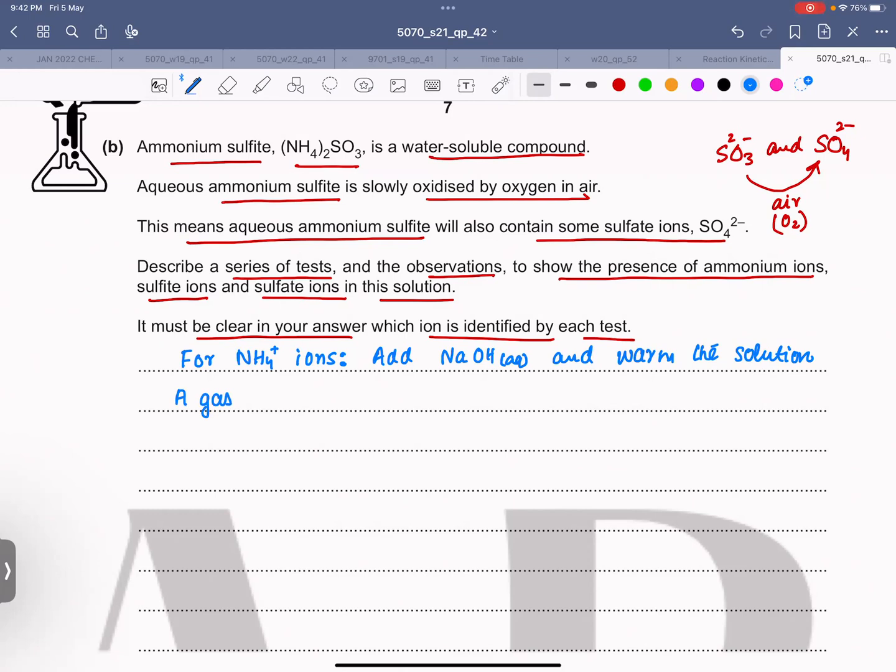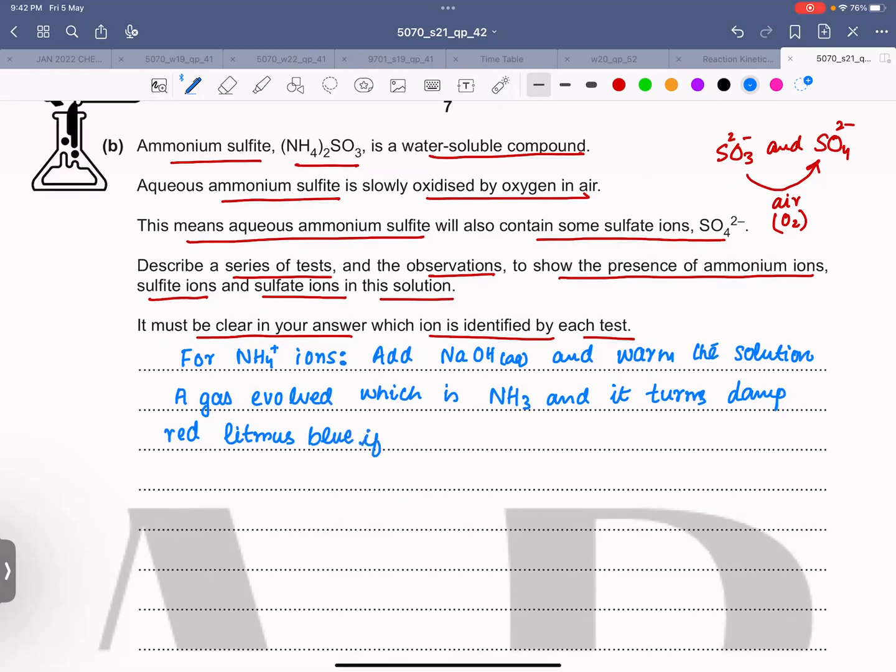A gas is evolved, which is ammonia, and it turns damp red litmus blue. Is this understandable?